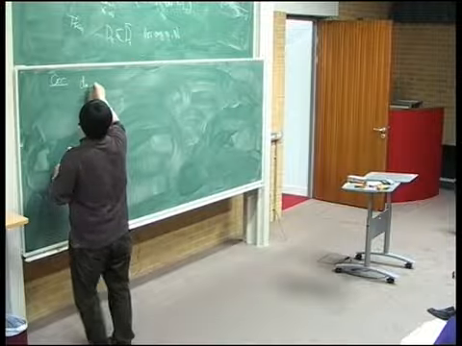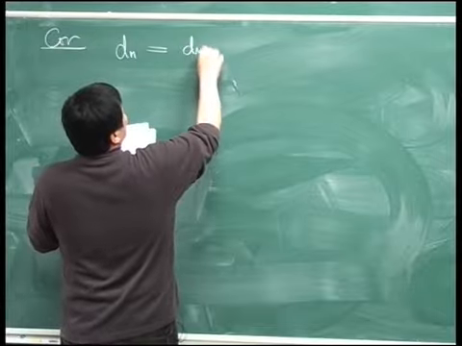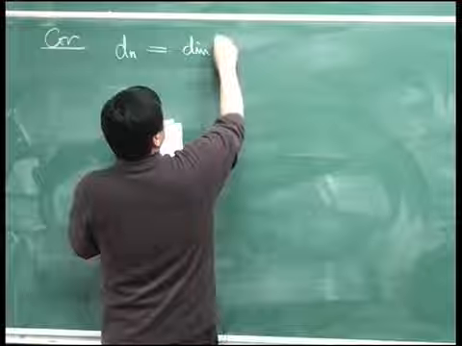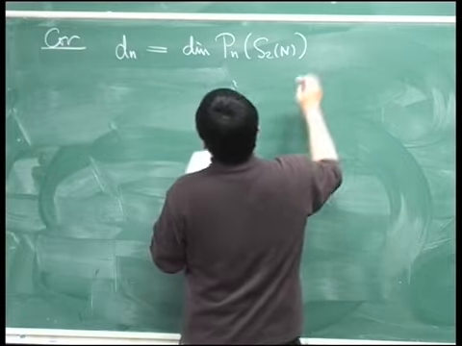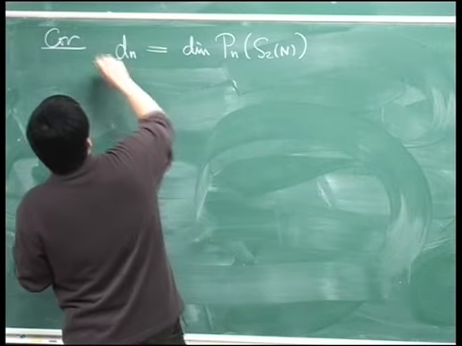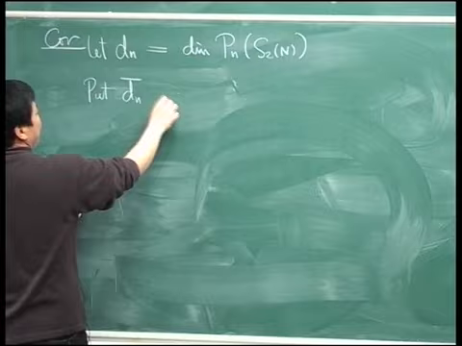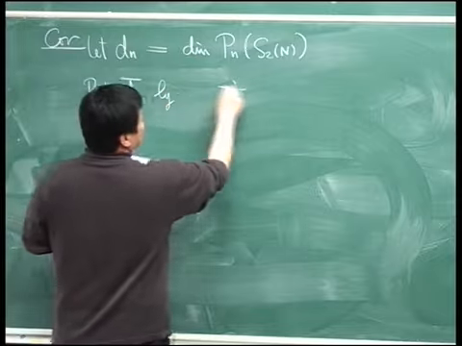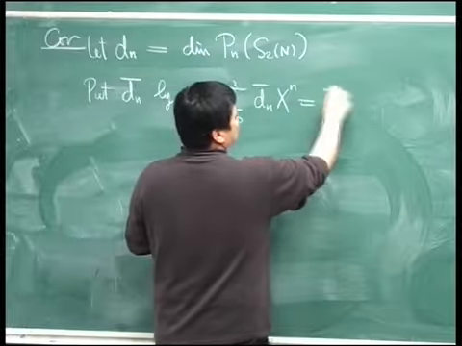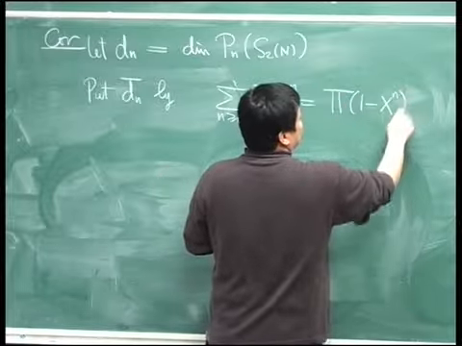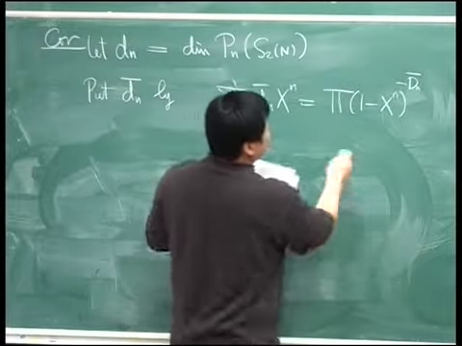The small dn denotes the dimension of the period space, a Q vector space, dimension Pn S2n. Let dn and put dn bar by the usual sequence, 1 minus x to the n minus dn bar.